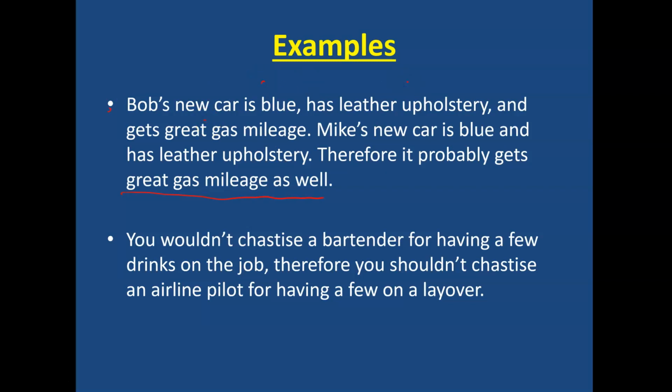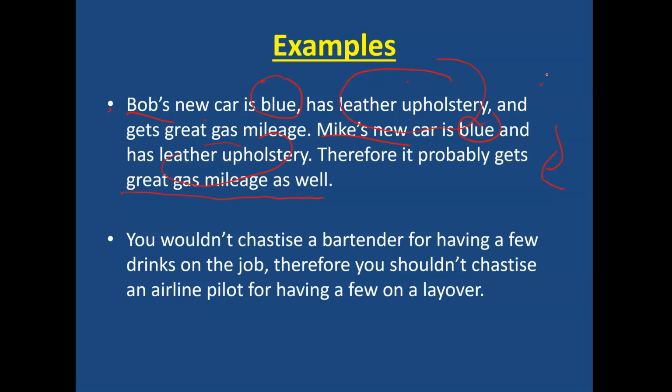Well, the specific problem with this, again, you've probably already figured this out, is that those similarities between the two entities being compared, namely Bob's car and Mike's car, are not relevant to the conclusion. Blueness and leather upholsteriness have nothing to do with gas mileage, right? So weak analogy.